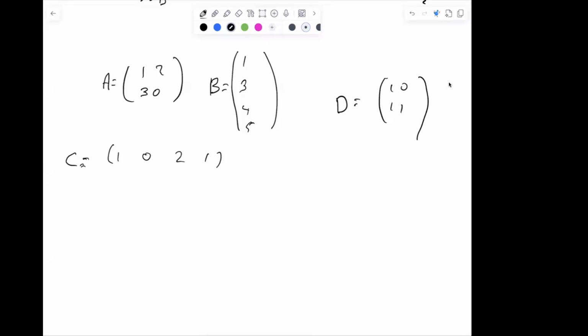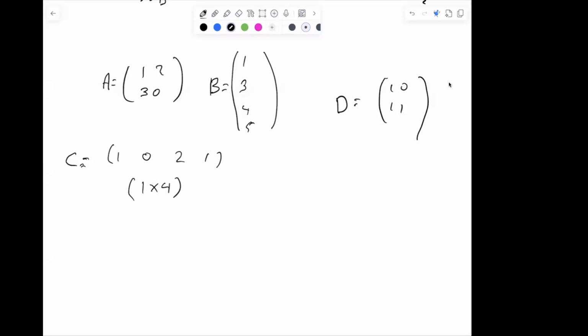A dimension of a matrix is a combination of the number of rows and columns. So let's see, how many rows do we have here? We have 1 row and 4 columns. So this one has a dimensionality of 1 by 4.